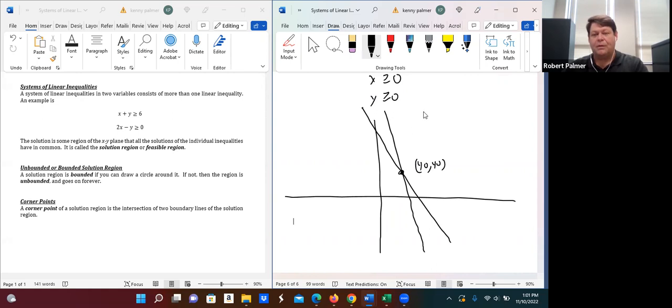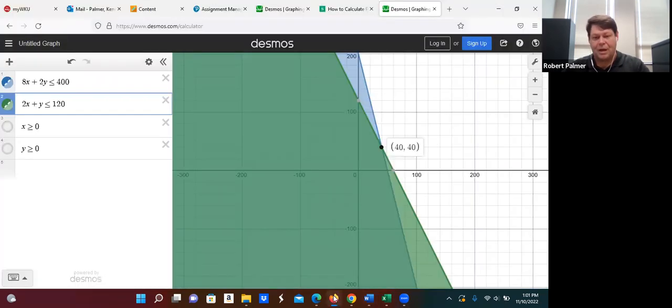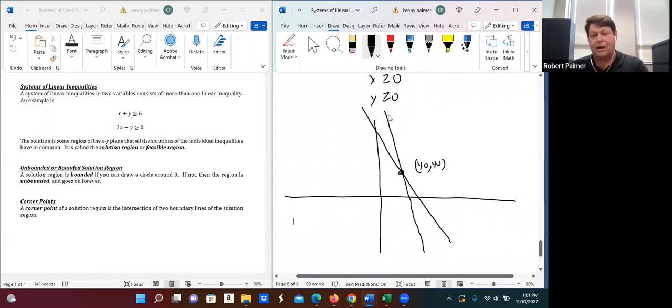Okay, now this top line, if I can double check, that top line is our top one. So that's this line right here, the line 8x plus 2y equal to 400.